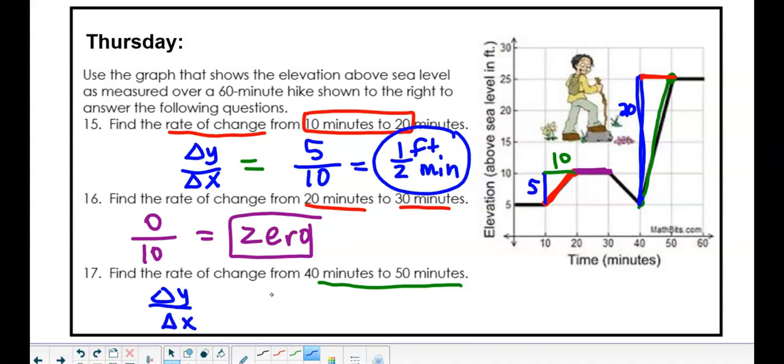So our delta y is 20, and our delta x here is 10 minutes. So that's 2 over 1, also known as 2 feet per minute. And that concludes homework number 11.